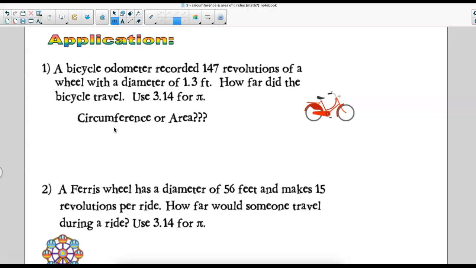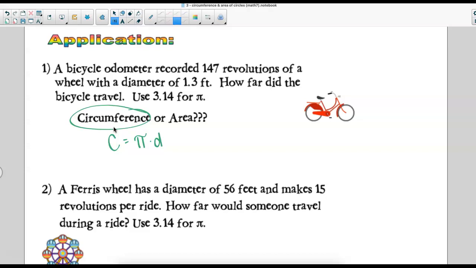If this was the bicycle wheel, and the wheel is traveling along the ground, it's the outside of the wheel that touches the ground. So we're talking about circumference. And circumference equals pi times diameter.